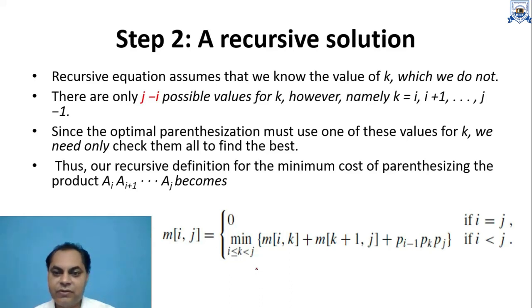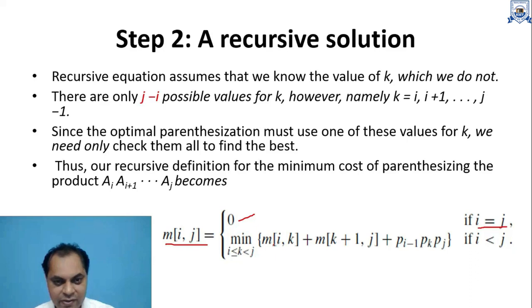Thus the recursive definition of the minimum cost of parenthesizing the product Ai to Aj becomes this. m[i,j] denotes the minimum number of scalar multiplications required. It is 0 if i is equal to j. That means we have only a single matrix, so there is no need of multiplication, and that's why m[i,j] is 0.